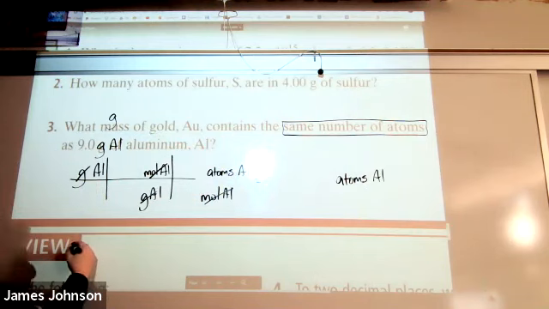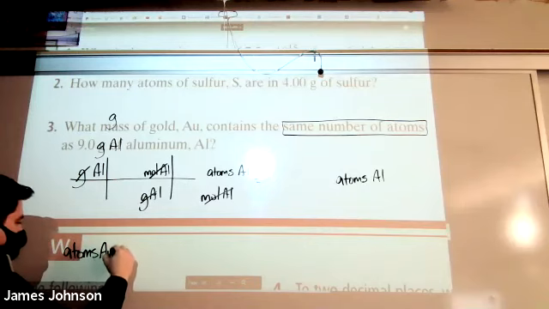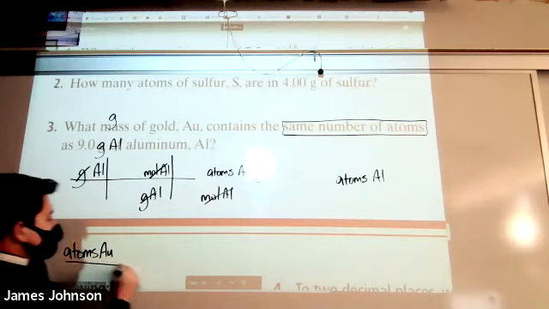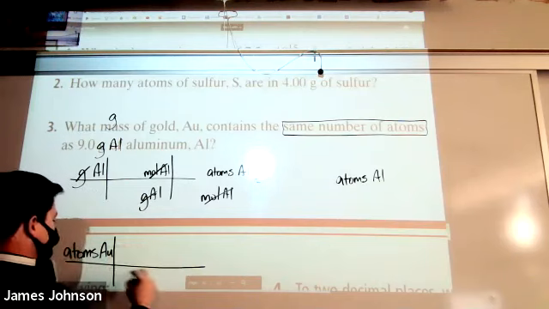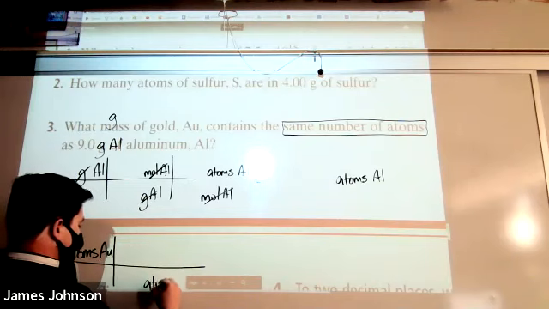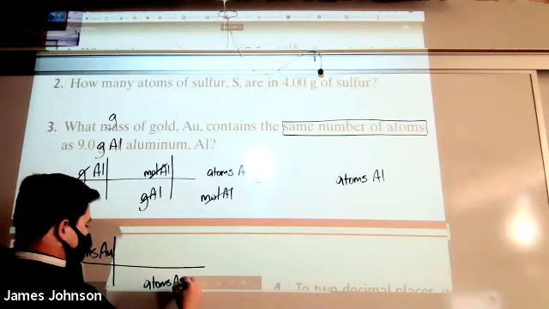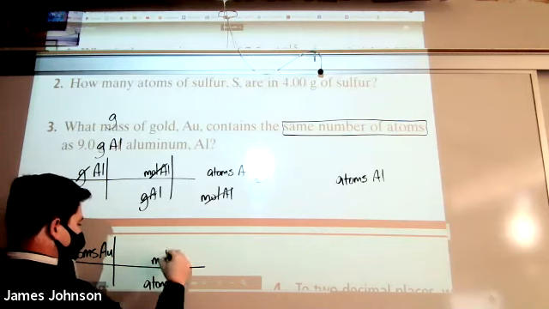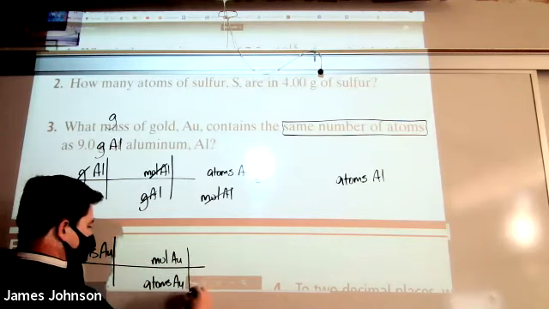So we can start a second conversion down here, atoms of gold, and we can convert out of atoms of gold and into moles of gold.